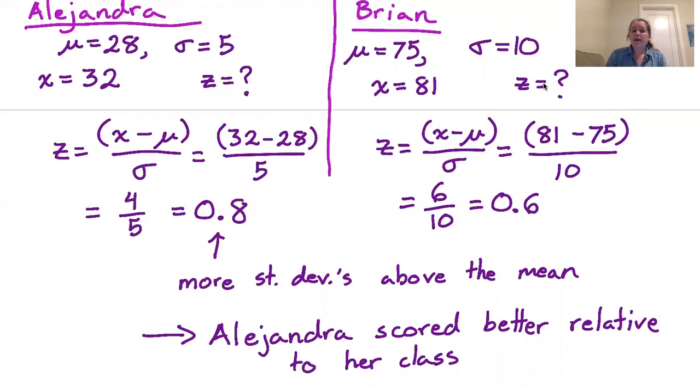So despite the fact that Alejandra only scored 4 points above the mean, whereas Brian scored 6 points above the mean, once we take into account how spread out the data is, Alejandra scored better. All right, that is Z-score.